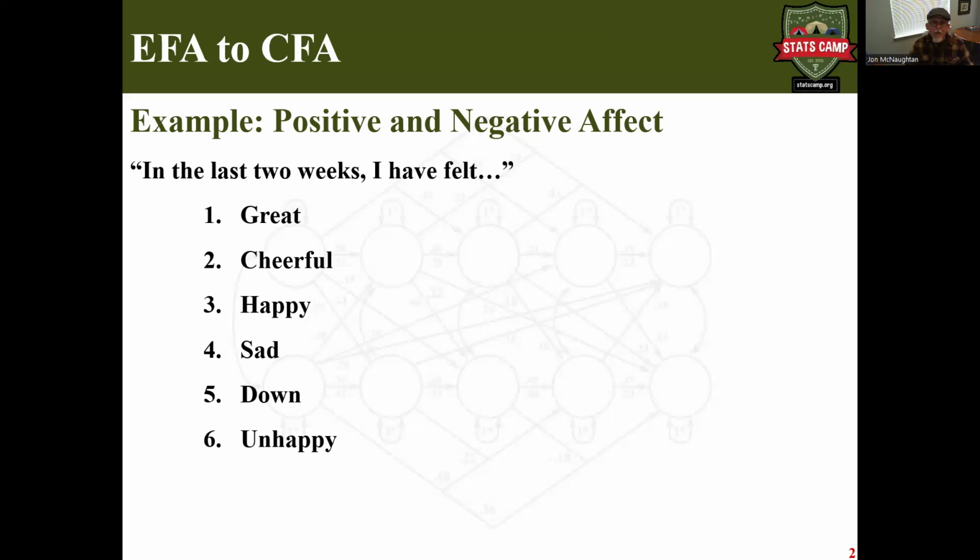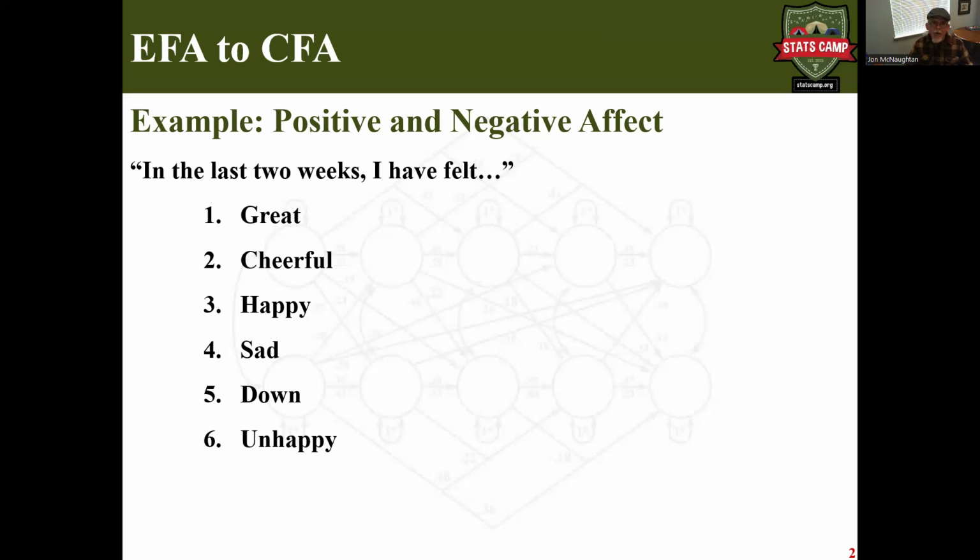Right? Now, a construct is a latent variable, and this is all we're talking about. So it's something that we cannot observe directly, like positive affect, but we can observe your responses to items like in the past 2 weeks, I felt great. Well, that's an indication, a manifest variable, something we can observe that gives me an indication of what your underlying latent positive affect score might be.